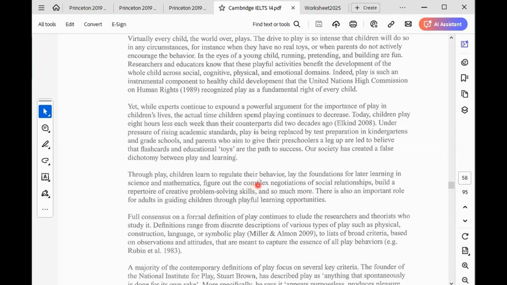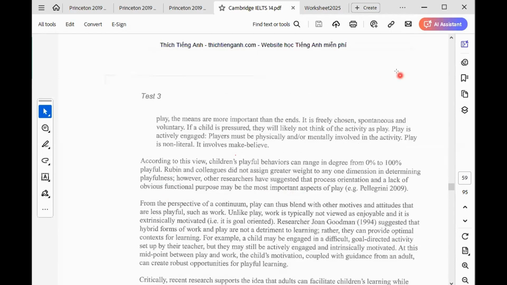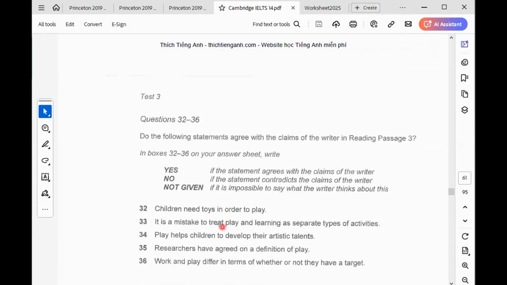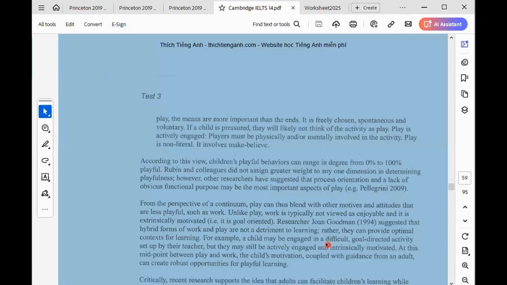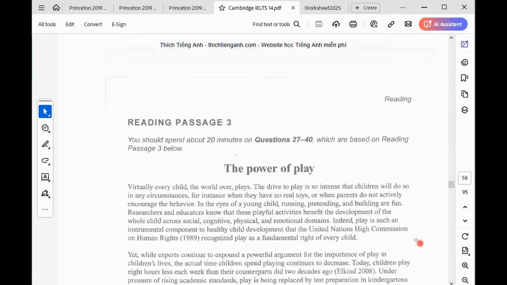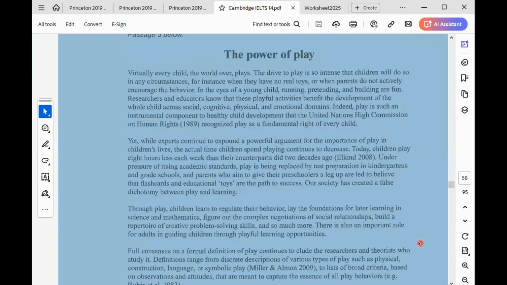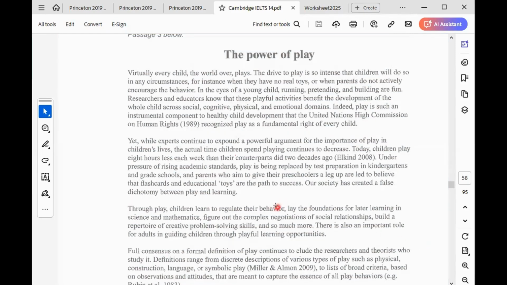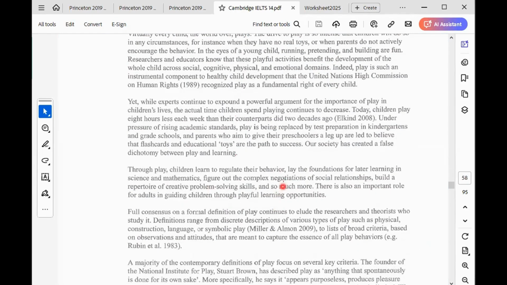There's nothing about artistic here yet. Artistic. Play helps children to develop their artistic talents. Artistic talents.